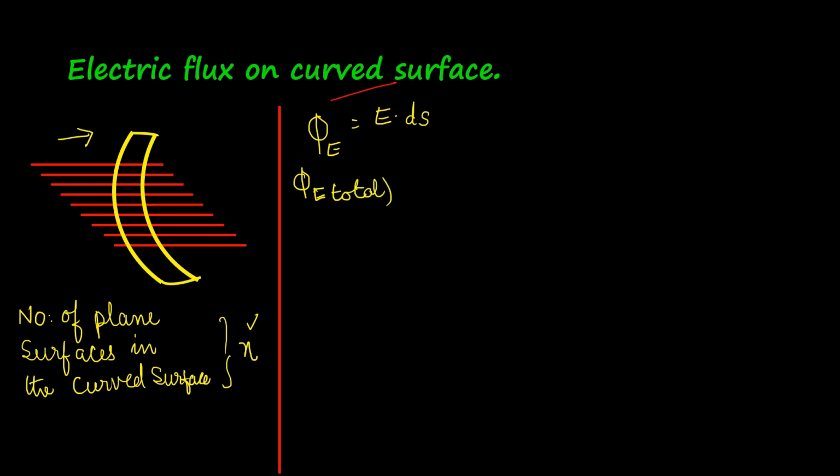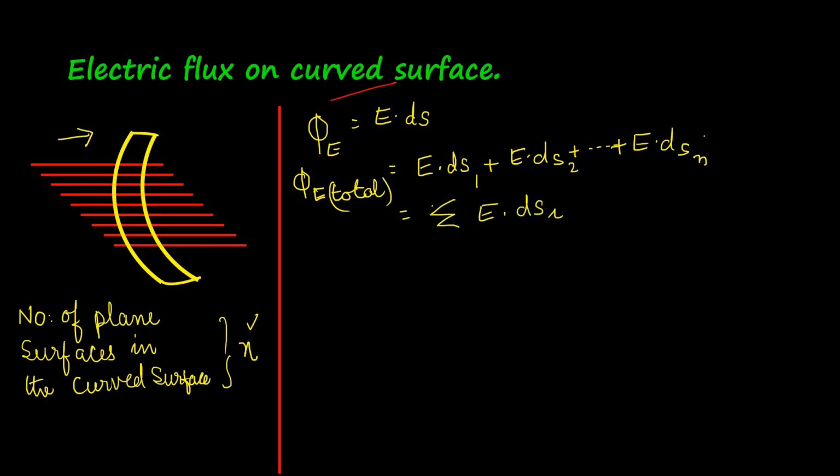So the total electric flux on the curved surface can be represented as flux total equal to E dot ds1 plus E dot ds2 up to E dot dsn. This can be written as sigma E dot dsi, where the limit of i is equal to 1 to n.